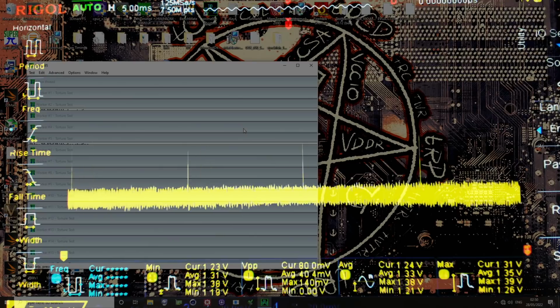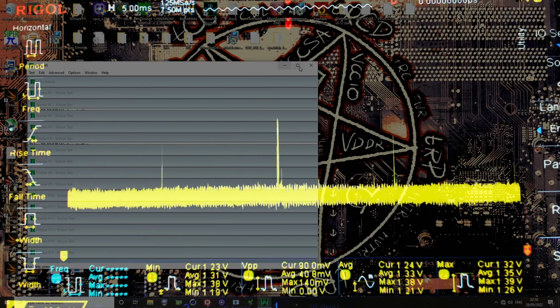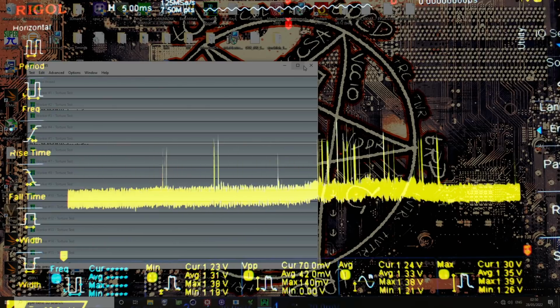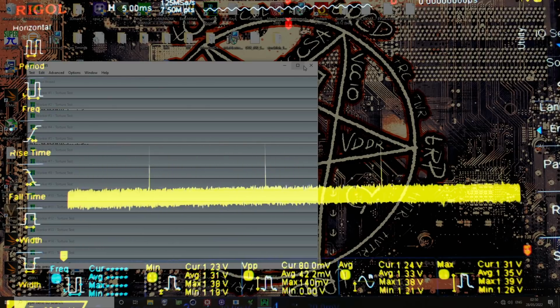Small FFTs, 1.24. Okay, no, so this is another one of those MSI boards where, my theory on why this happens is that they're switching the Super I/O through a transistor or something from being connected to the die sense to not being connected to the die sense, which you shouldn't do.